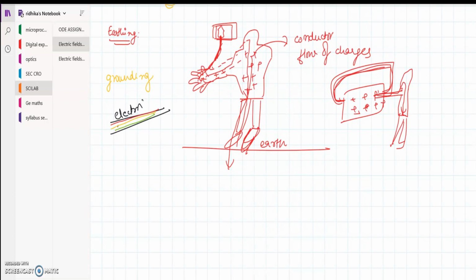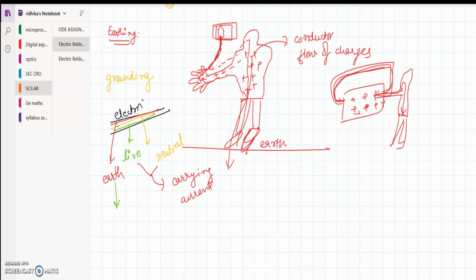One is known as the live wire, another is known as the neutral wire, and the third one is known as the earth wire. Both the live and neutral wires are responsible for carrying the current, but the earth wire we use for earthing purpose.